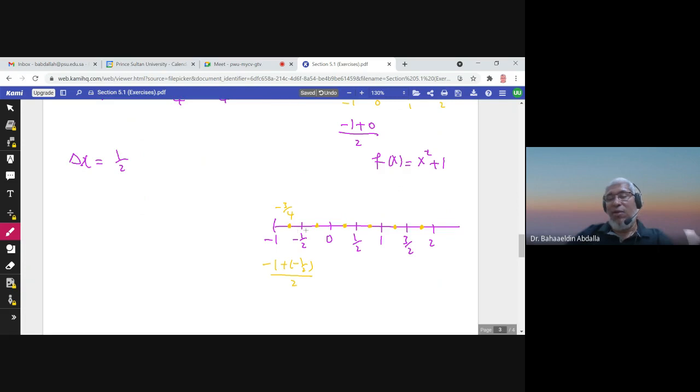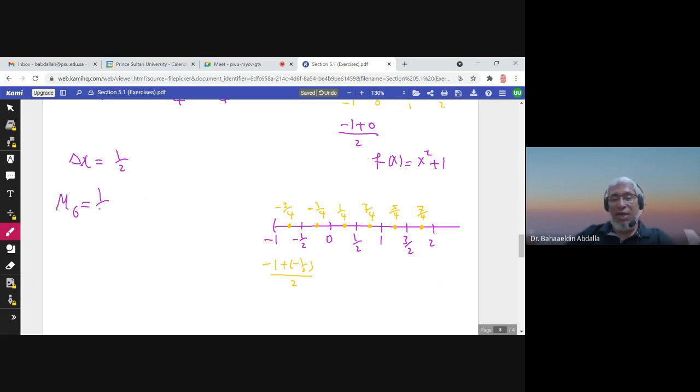You can do the same, negative half plus 0 over 2, which is negative 1 over 4, 0 plus half over 2, which is 1 over 4, or you can just add half because the distance between each two midpoints is half. So 1 over 4 plus half, 3 over 4 plus half, 5 over 4 plus half, 7 over 4. So you can write now M6.